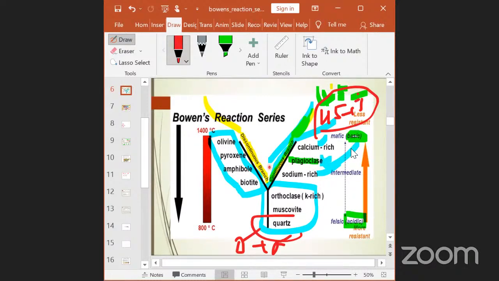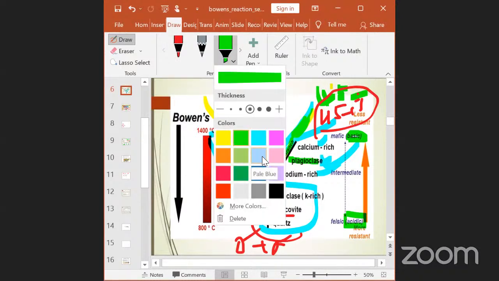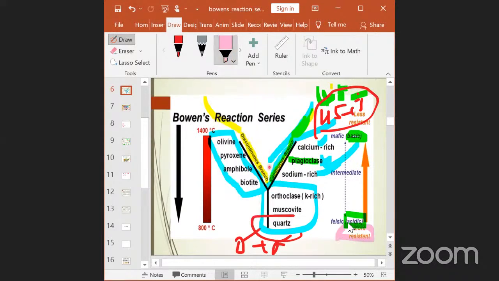You see here more resistant and less resistant.